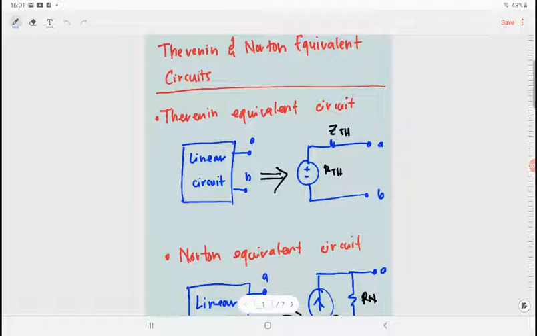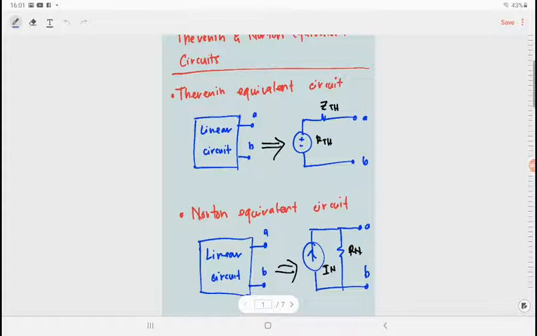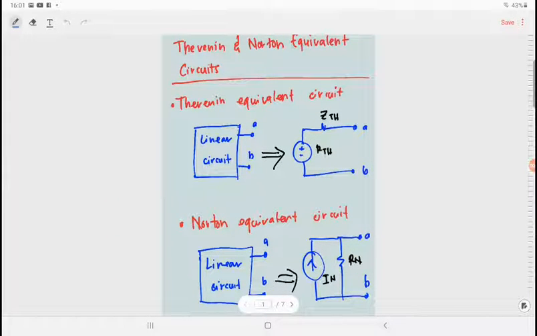So as I mentioned before, in AC analysis we apply the same method as in DC circuit. The only difference is that the numbers involved in the calculation are complex numbers, right? So, just some revision on Thevenin and Norton equivalent circuit.